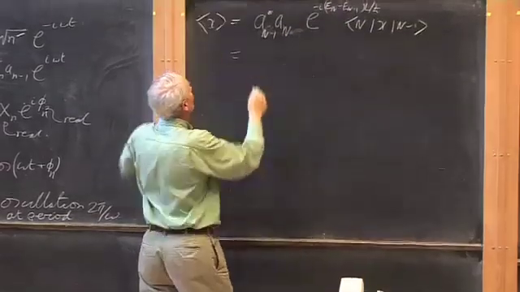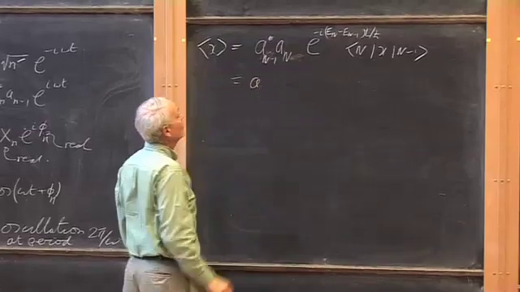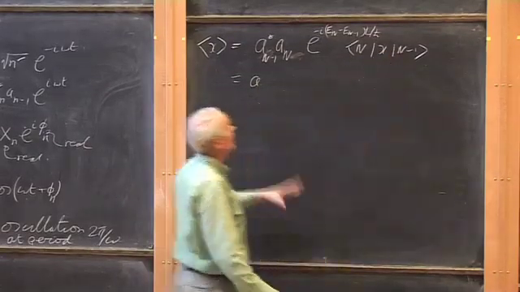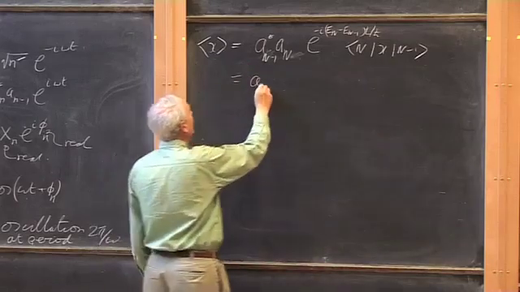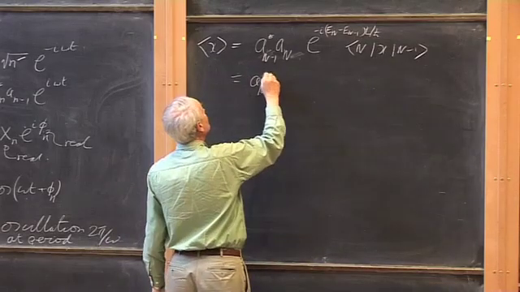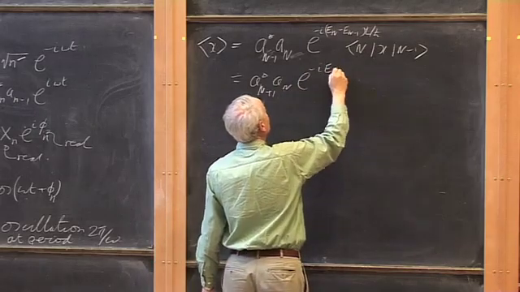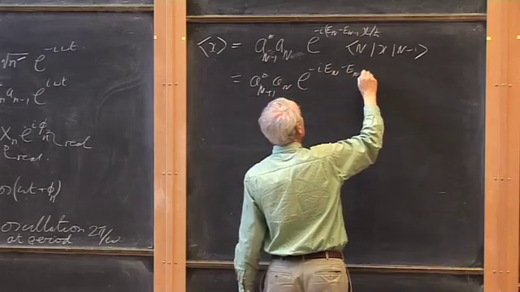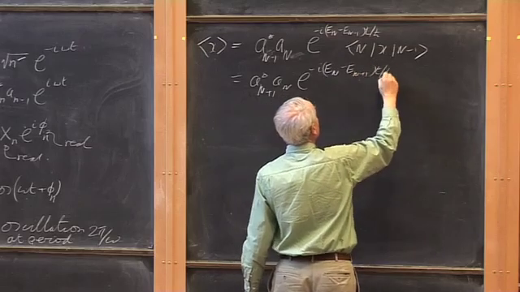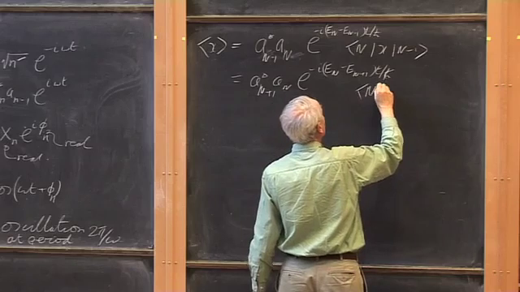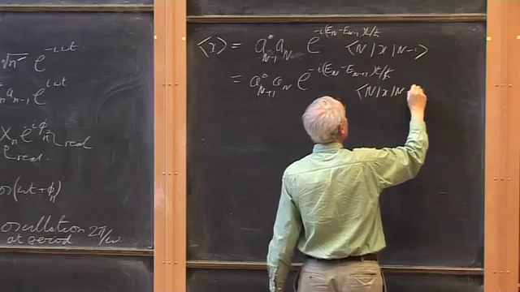Right. Then I will have, the next one, because <n|x|n> will vanish, by this symmetry property, a_{n+1}^* a_n e to the minus i (E_{n+1} - E_n) t over h bar times <n|x|n+1>.